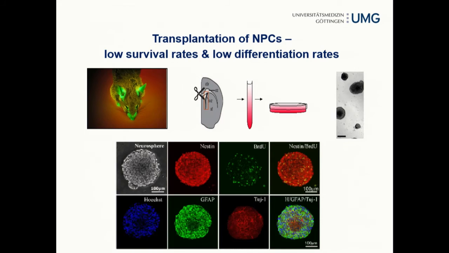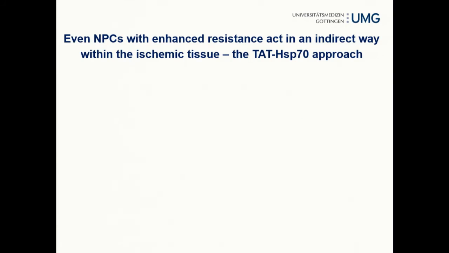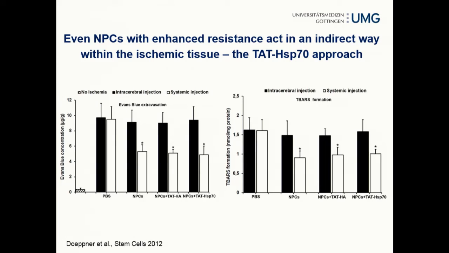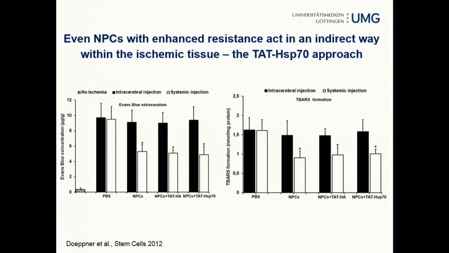So again, you have to manipulate these cells. This is a work where we enhanced the resistance of these grafted cells by in vitro transduction using TET-HSP70, a chaperone that will increase the resistance of these future grafted cells.